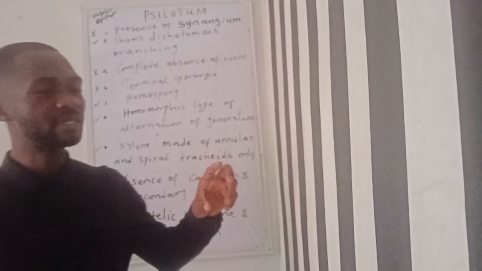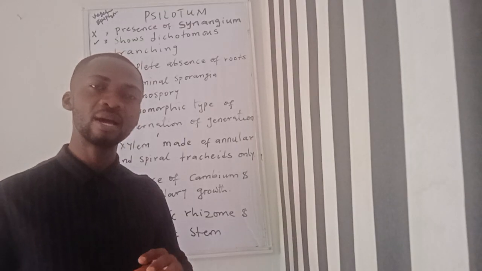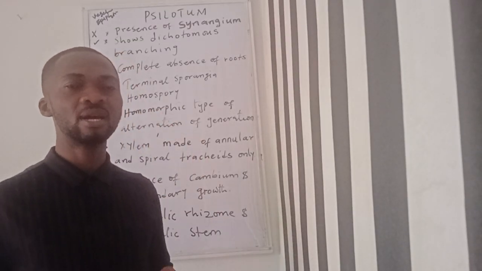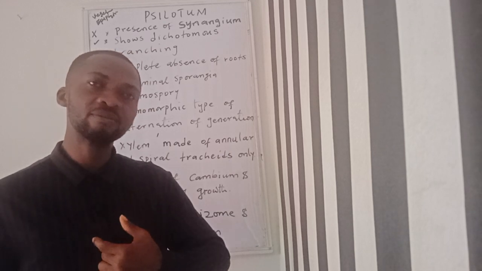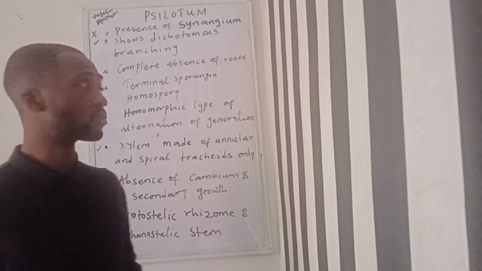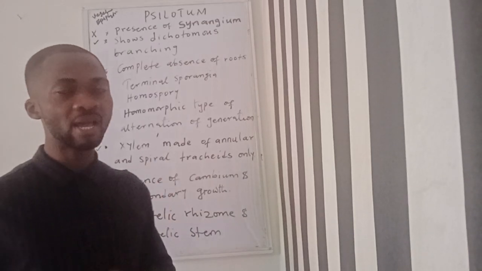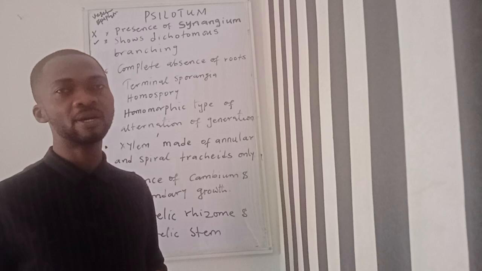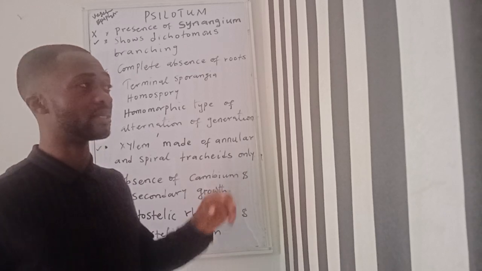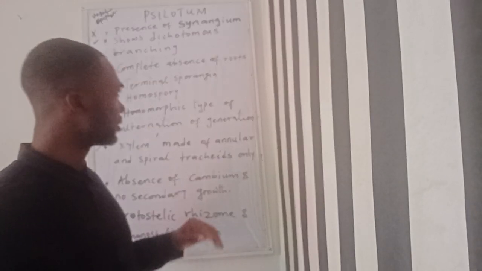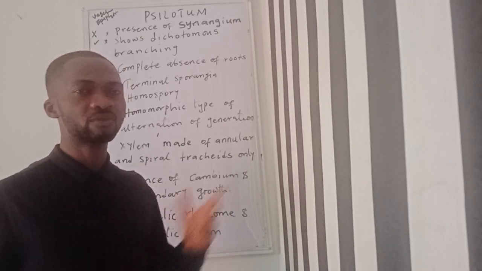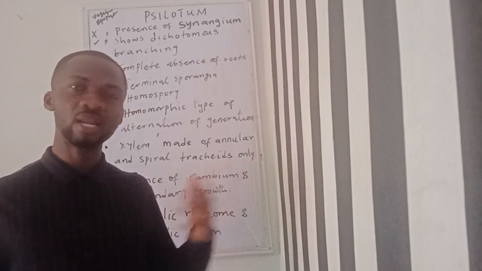I did mention that pteridophyta has four different classes, and each of these classes also has representatives. For instance, we have the Psilotopsida. The Psilotopsida is the first class and the most primitive. It has the Psilotum and Lycopodium as examples. Then we have the second one, which is called the Lycopsida, which has the Lycopodium and the Isoetes.